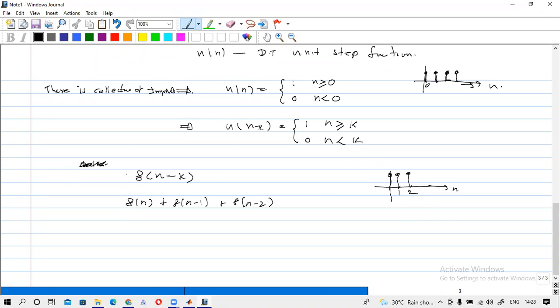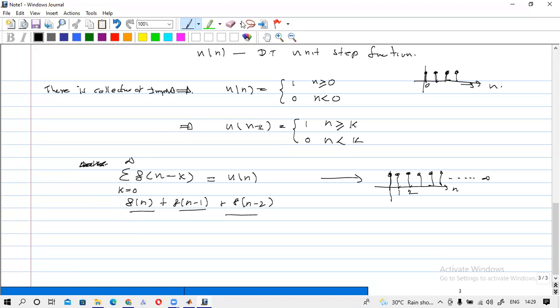So you can see this is the summation, a collection, the sum of the shifted unit impulse signals. If I take the sum from k equals 0 up to infinity, you will get the unit step function. As k goes to infinity, you get shifted impulses like this up to infinity.